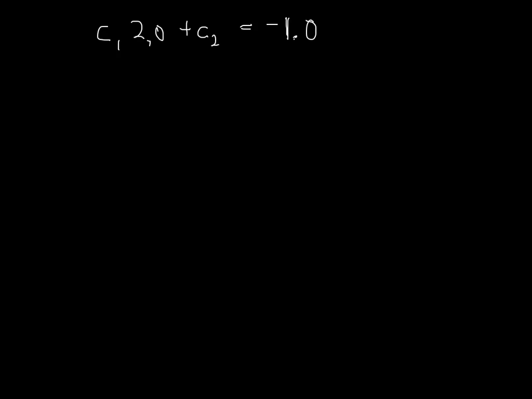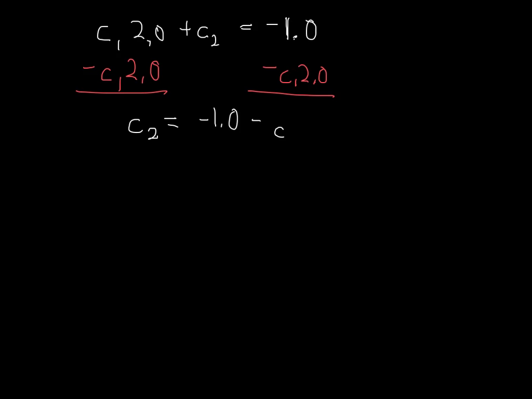I solved this for C2. How do I get C2 by itself? Subtract C1 times 2.0 from both sides. Rules of algebra: if I do it to one side, I have to do it to the other. So I find that C2 is equal to negative 1.0 minus C1 times 2.0. You can just drop the i's and the j's.